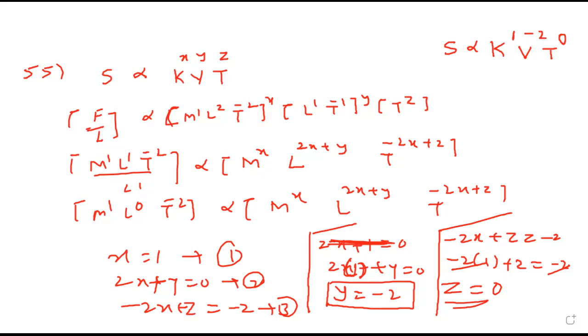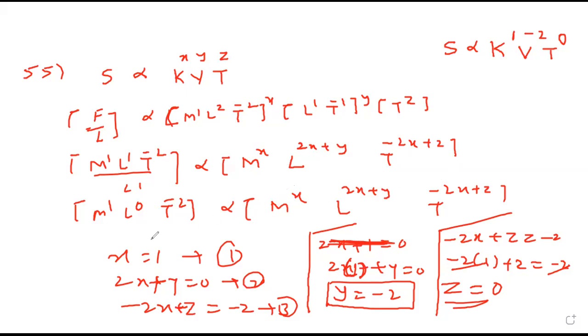Nowhere do we find this option, sir. Then there must be some mistake. M1 L0 T minus 2, K kinetic energy is M1 L2 T minus 2, velocity is meter per second, time is T, correct. So M to the x, L to the 2x plus y, T to the minus 2x plus z.